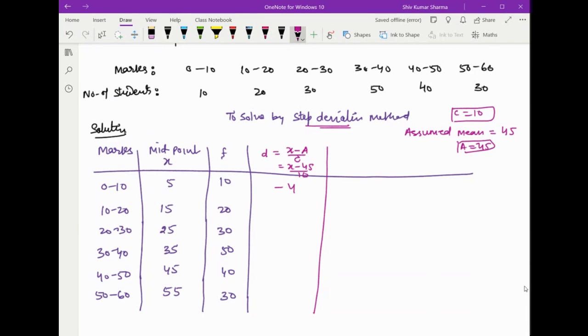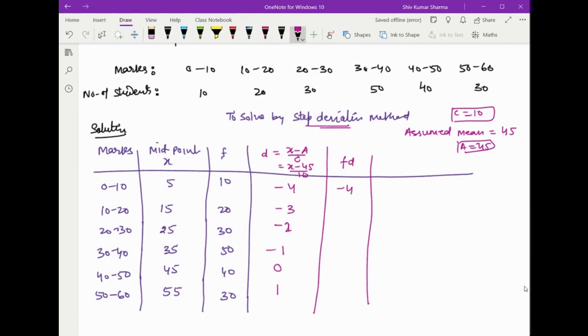For 15 minus 45, minus 30, upon 10, minus 3. Then minus 2, minus 1, and for 35 minus 45... so the deviations are minus 4, minus 3, minus 2, minus 1, 0 and plus 1. Now we calculate fd.